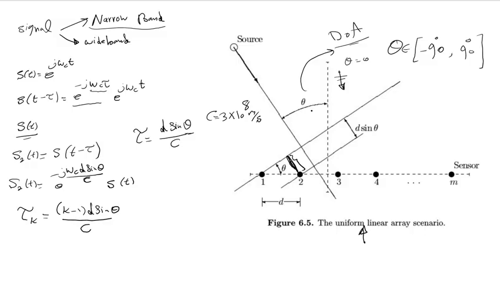It means the delays in these 2 scenarios are equal. So to prevent ambiguity, we have to have this limitation in a uniform array: theta belongs to minus 90 degrees to 90 degrees. This is the first point that you should consider about the array model.